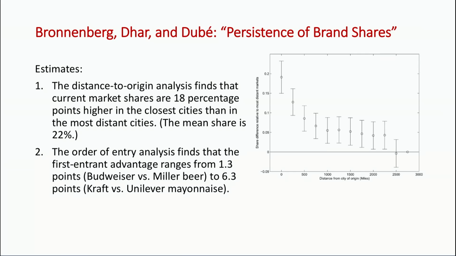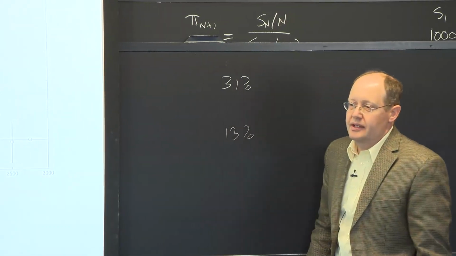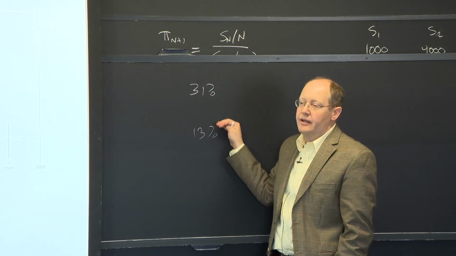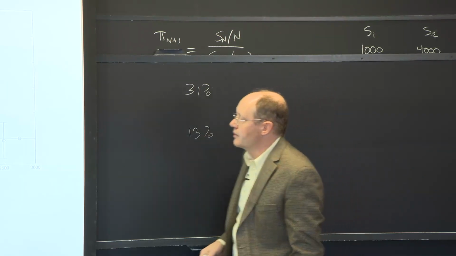The mean share of these products is about 22%, so you could think of the 18-point difference as you get 31% in the closest cities and 13% in the farthest away cities. So your market share is dramatically higher in the cities near where you started than in cities farther away.